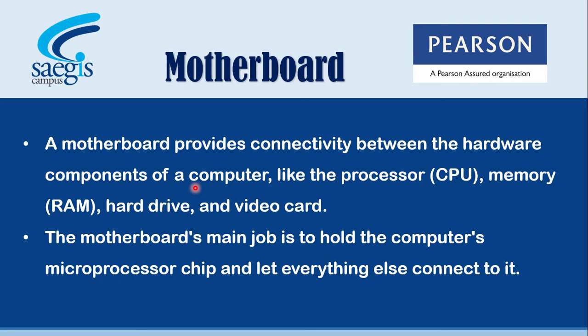So the motherboard provides connectivity between hardware components of a computer like the CPU, RAM, hard drive and video card. The motherboard's main job is to hold the computer's processor chip and let everything else connect to it.